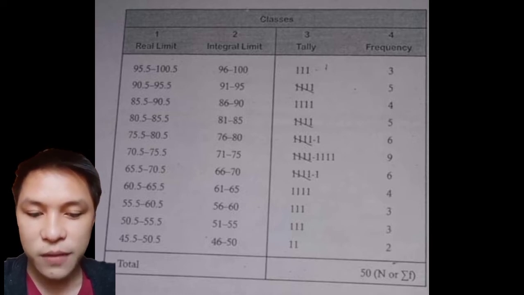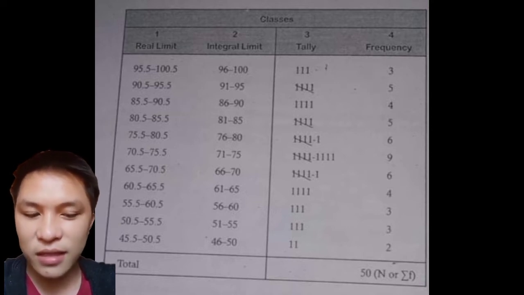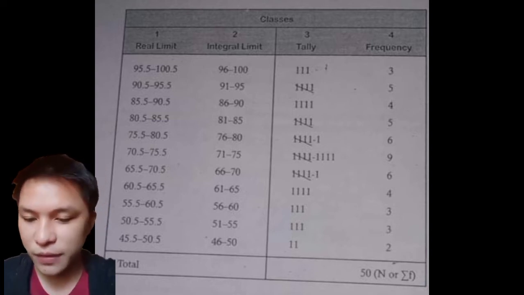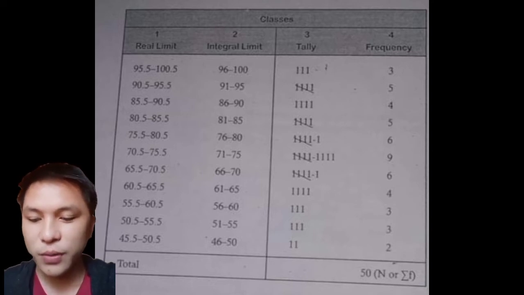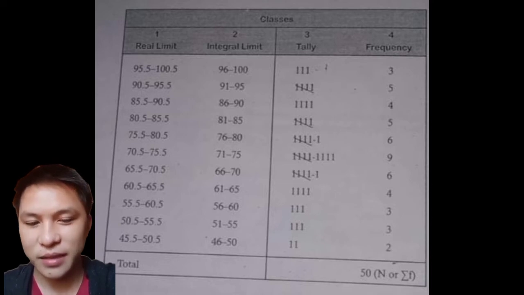For 76 to 80 it is 6. 71 to 75 is 9. 66 to 70 is 6, 61 to 65 is 4, 56 to 60 is 3, 51 to 55 is 3, and 46 to 50 is 2. So our total frequency, or the number of cases, is 50.